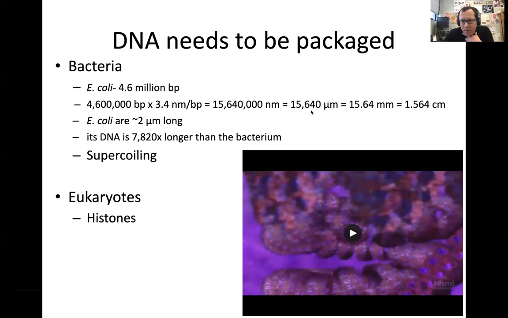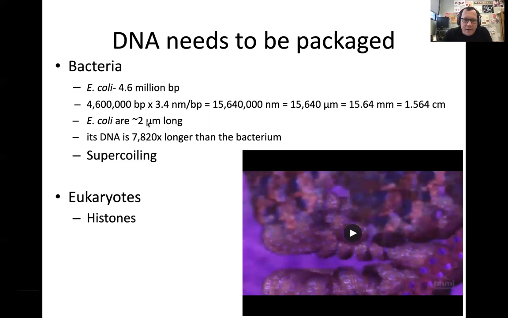If we convert that to micrometers, we're just moving decimal places: 15,000 micrometers. Again, moving 3 decimal places to go up to millimeters, 15.64 millimeters. If you think about millimeters, that's actually 1.5 centimeters, right? 1.5 centimeters is actually something that you can see.